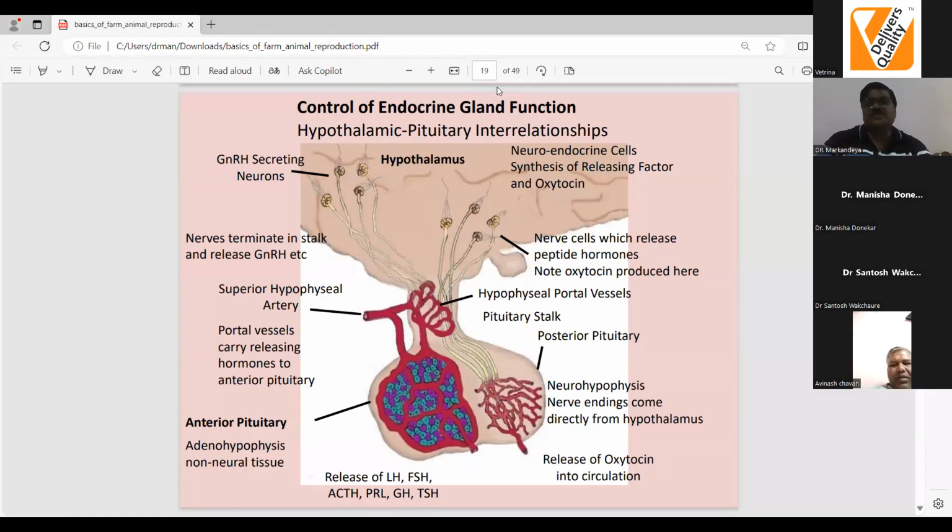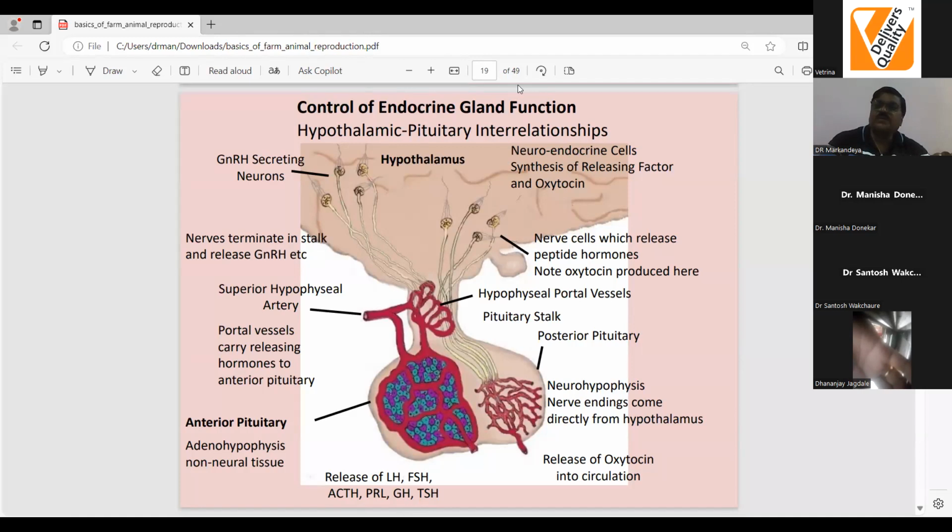Once FSH comes into the bloodstream, it will reach the ovary for the growth and development of follicles. Friends, the ovary is a stock of follicles. Primary follicles are abundant in the cortex of the ovary, and these follicles will get the FSH action.